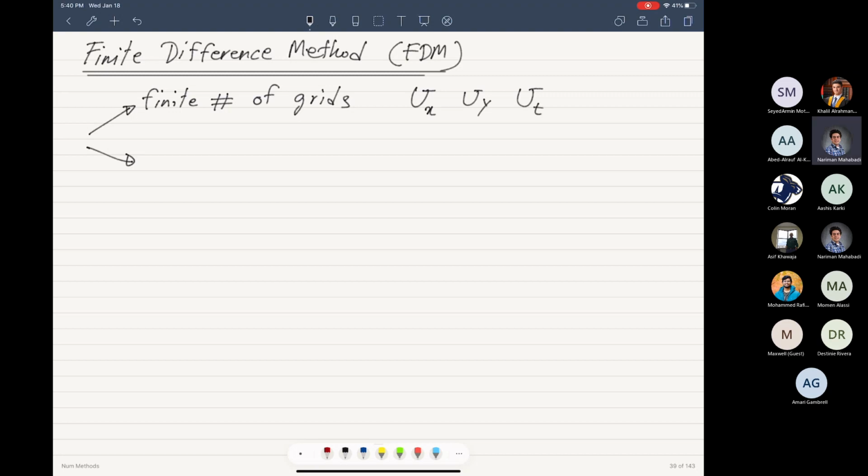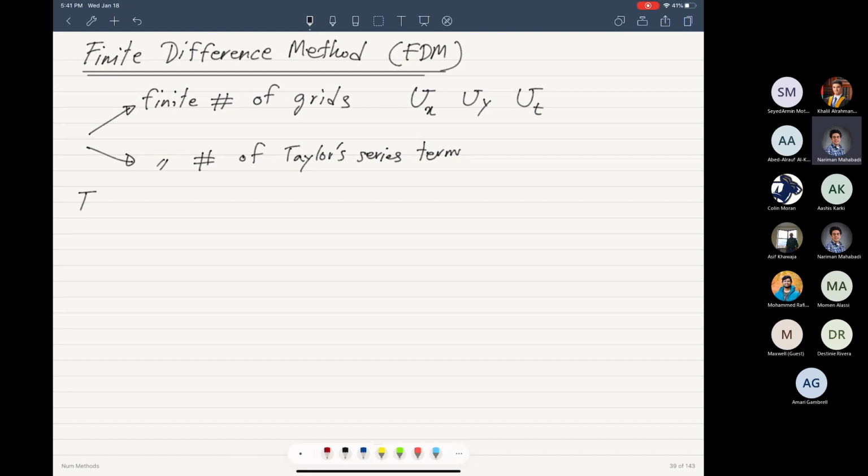The other meaning of finite is that you have a finite number of Taylor series terms. You cannot use all these terms because it's going to be really costly. You have to truncate the system to the first, second, or third order of magnitude for the derivatives.